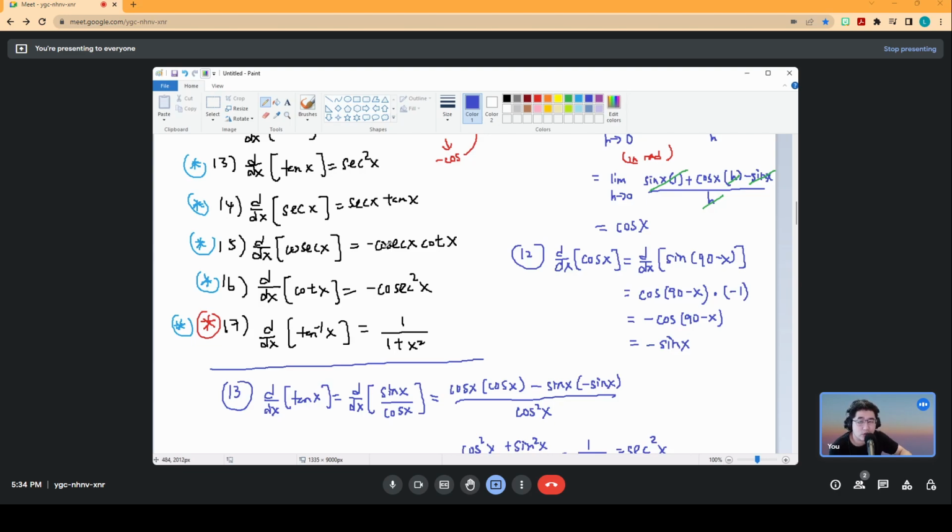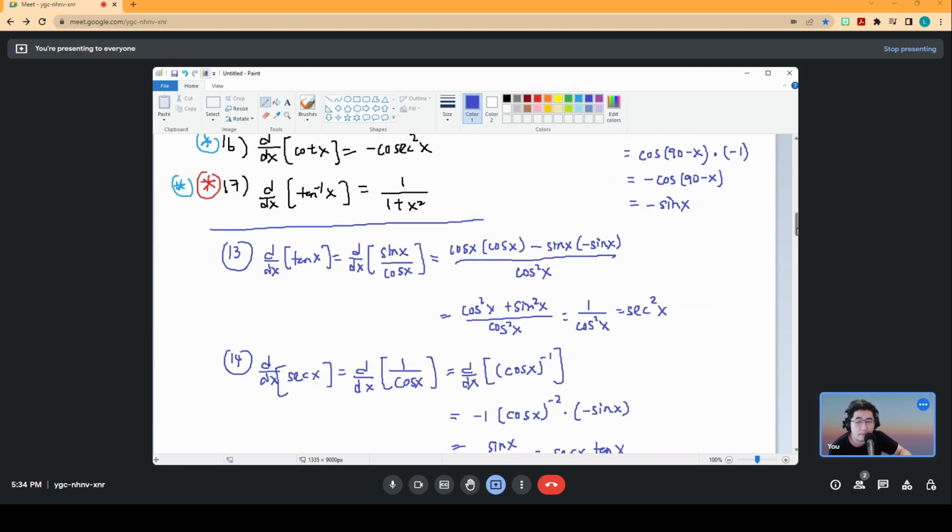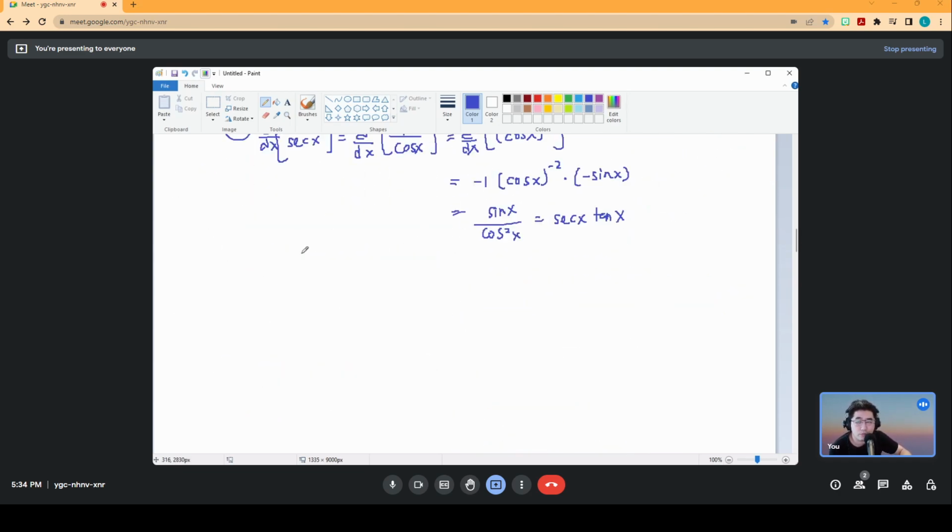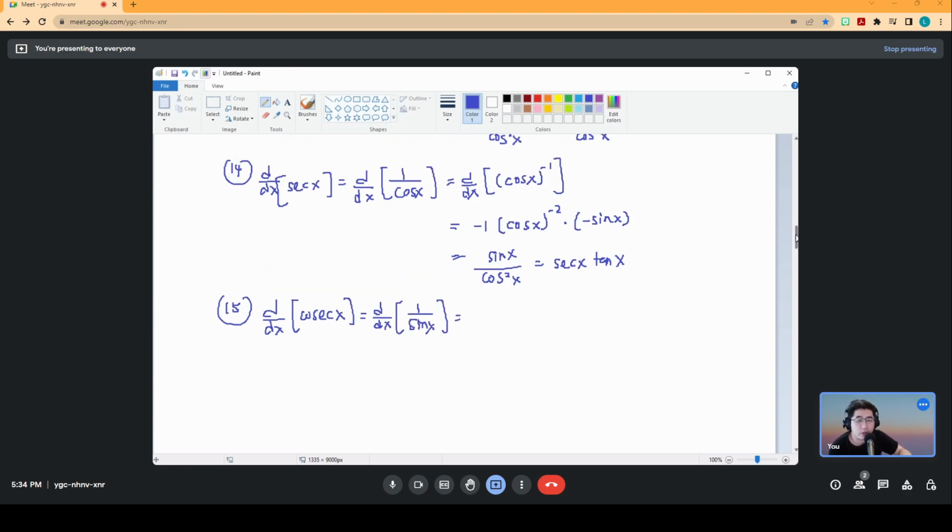Number 15, cosecant. Differentiate cosecant. Cosecant is defined as 1 over sine. Earlier we already demonstrated how to differentiate using outside and inside.